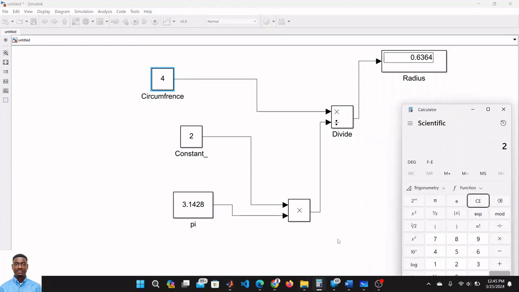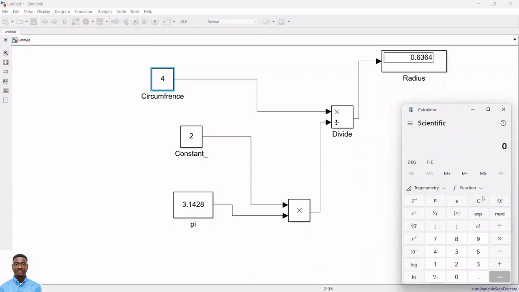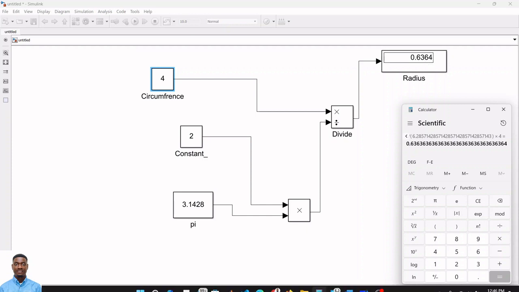If you try with a calculator to see if you're correct or otherwise, you will see that 22 divided by 7, multiplied by 2, we take the inverse of that, then times it by 4. You are going to have 0.63636, which is the same as 0.6364. So it's correct.